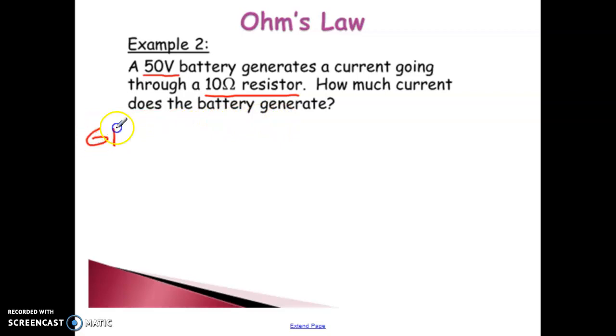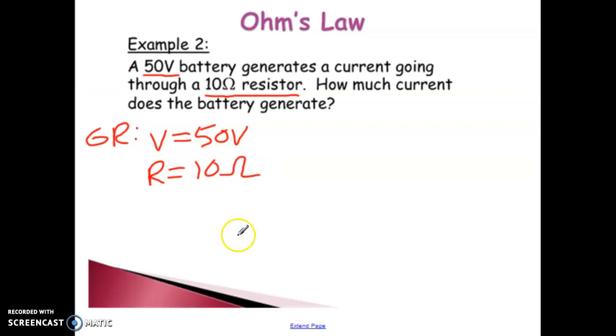We're going to use GRASP. So G and R, given. We have the volts, 50 volts. If you're not sure what the number is that they're giving you, always look at the unit. 50 volts, our resistance is 10 ohms. We are looking for current.